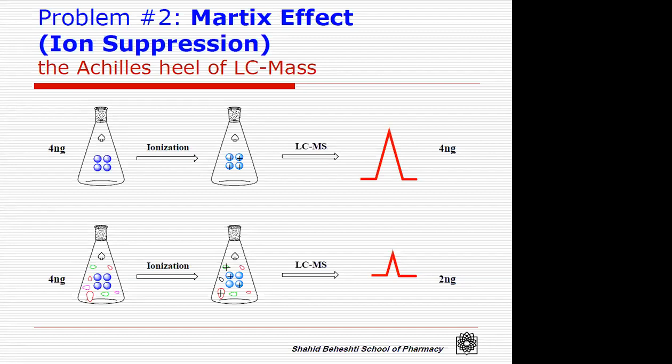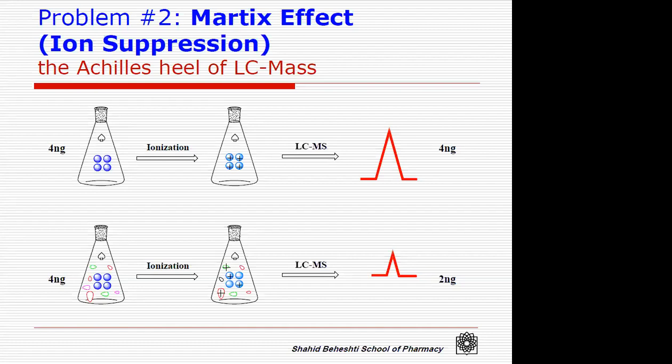That means you made a mistake. The concentration was 4 nanogram, and now we are reporting 2 nanogram of this compound. Why? Because of the matrix effect. We have a matrix in which there are some components which have higher proton affinity than our compound, and they use all the protons in the mixture, and our compound is not totally and completely ionized.